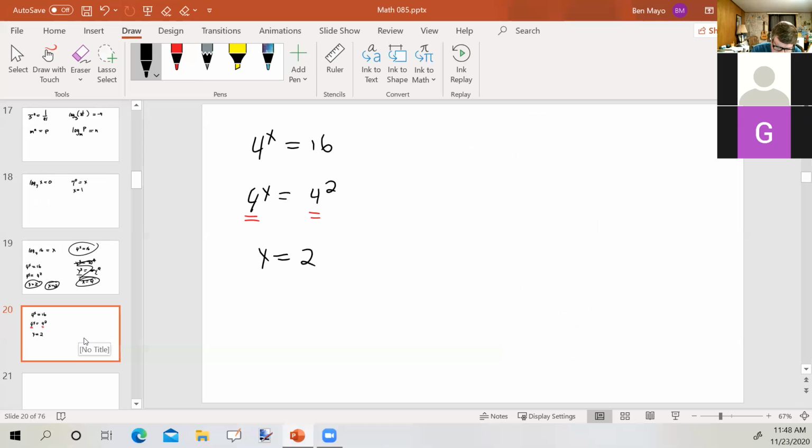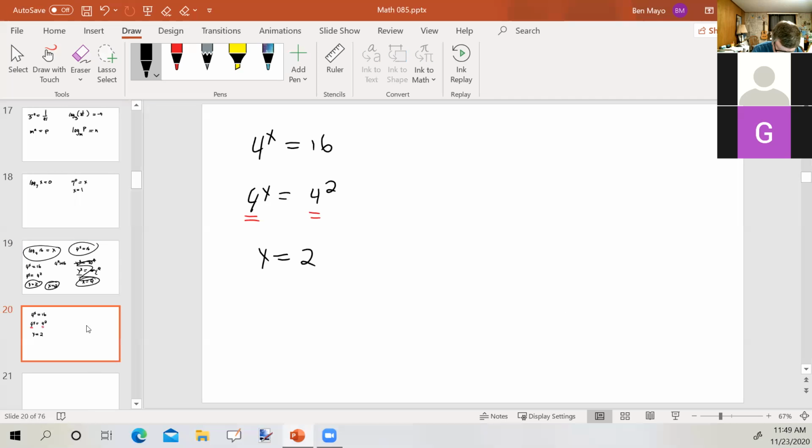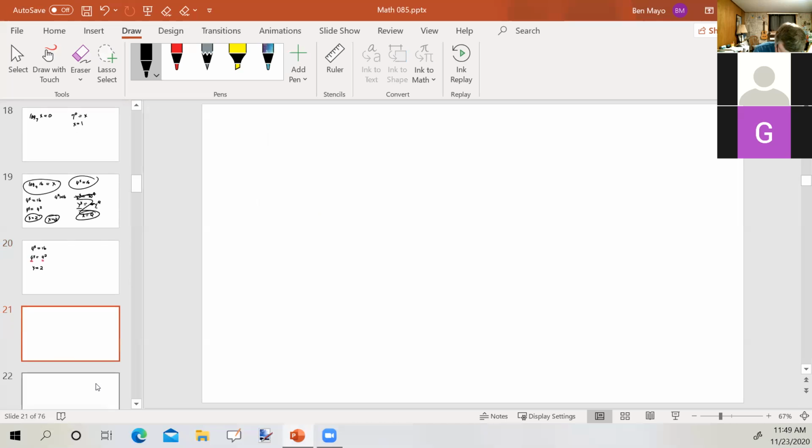So that goes all the way back here to say that log base 4 of 16 is 2 because 4 squared is 16. All right with that? Yes. Okay. Now, what about this here?